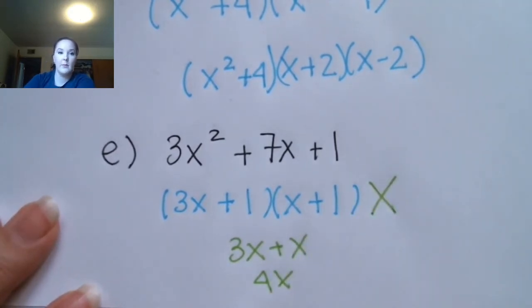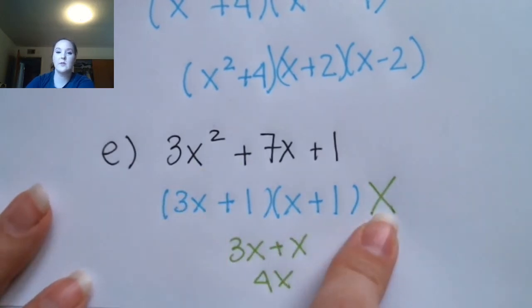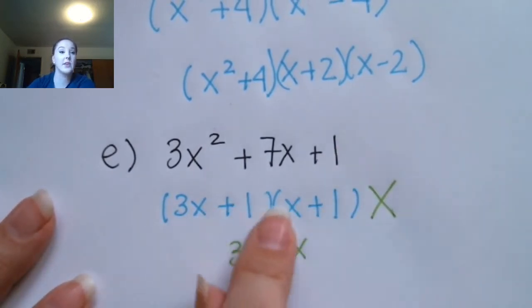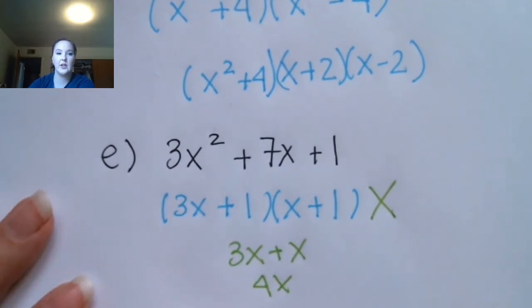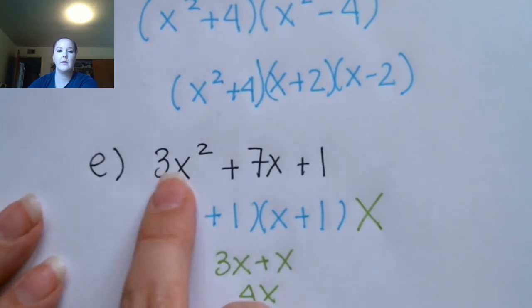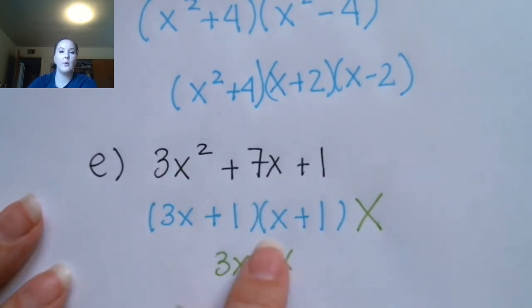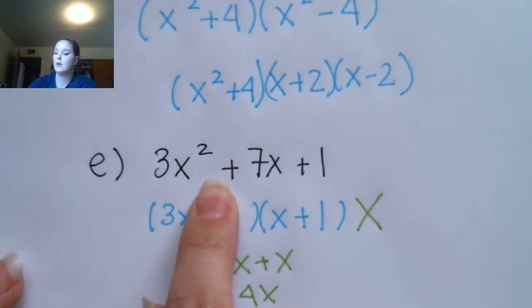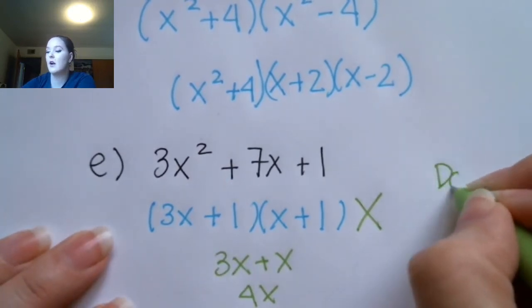Because there were no other choices, we don't have anything else to check. If there were lots of things to guess and check, we would have to check each one of them. So what does that mean? If our only possible set of factors doesn't work, that means that this does not factor.